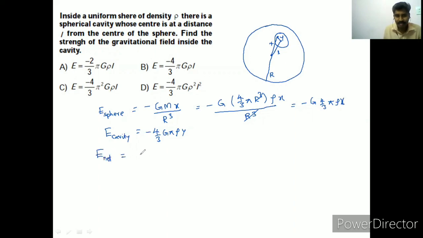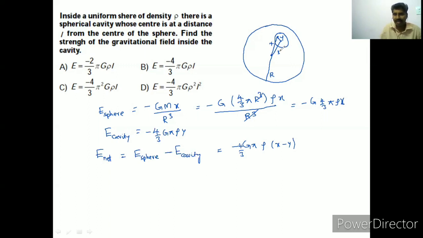So net intensity means sphere intensity minus cavity intensity. So sphere value is equal to minus g. Finally, we can get 4 by 3 g pi rho. This is x minus y we can get.